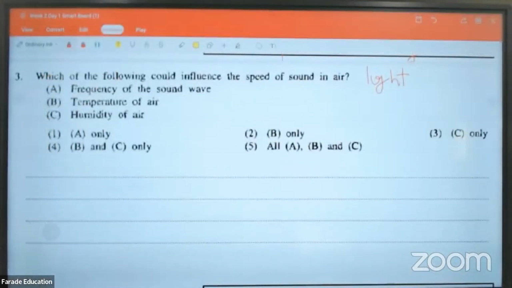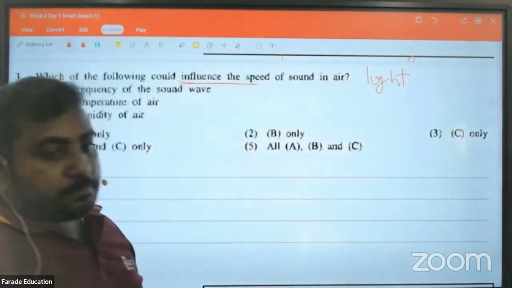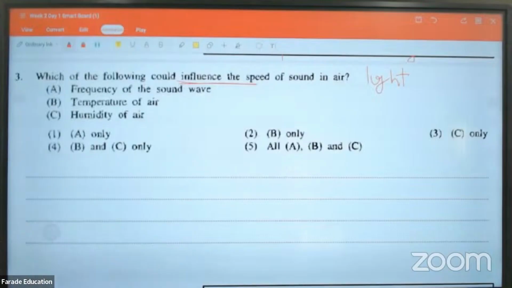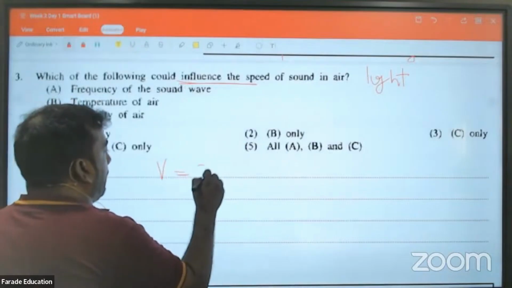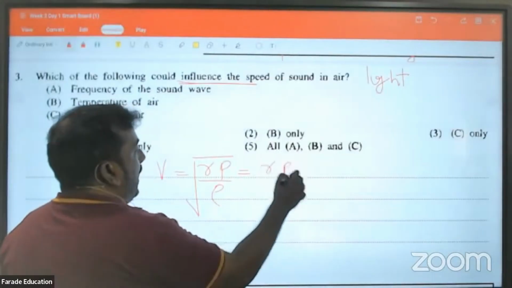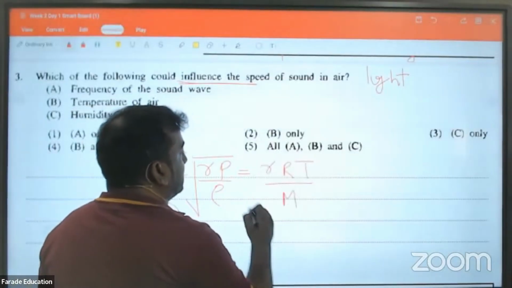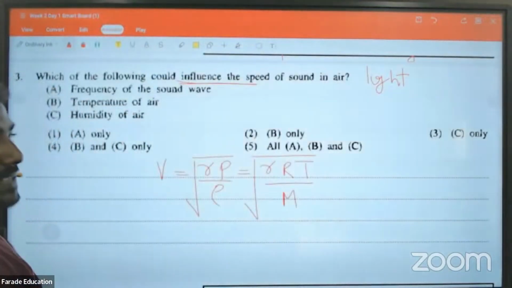Which of the following could influence, look at the keyword, the speed of sound in air? Look at the board carefully. Speed of sound is the square root of gamma P over rho, also the square root of gamma RT over M. Here we have frequency, temperature, humidity.